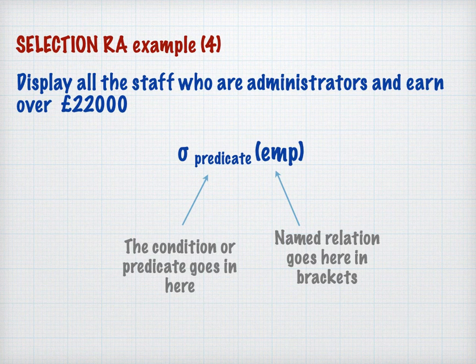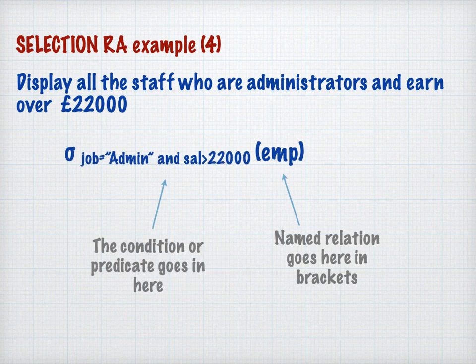So first of all, we know there's going to be an and in there because there's two parts to this predicate. There's sort of two sub-predicates, if you like. So we know there's going to be an and in the middle. We want to test on those people whose job is admin, and we want to test on those people whose salary is greater than 22,000. So if we express that, it will look like this.